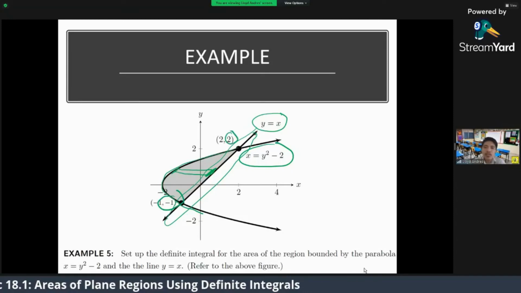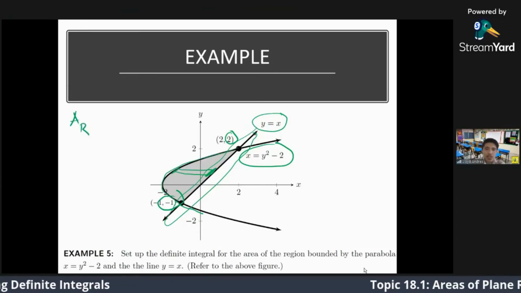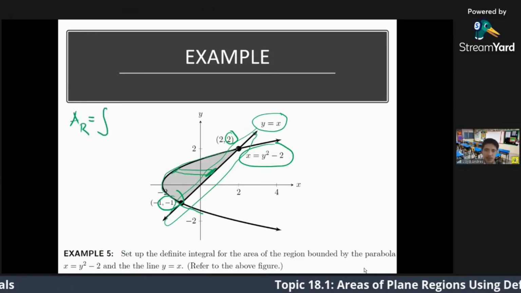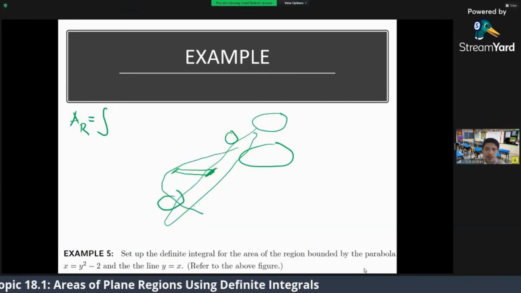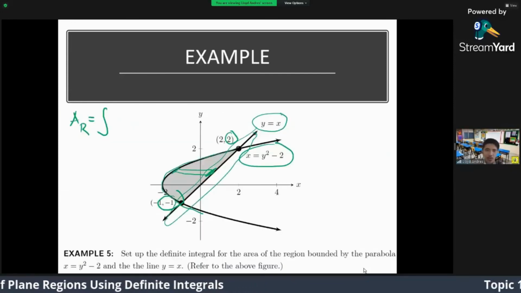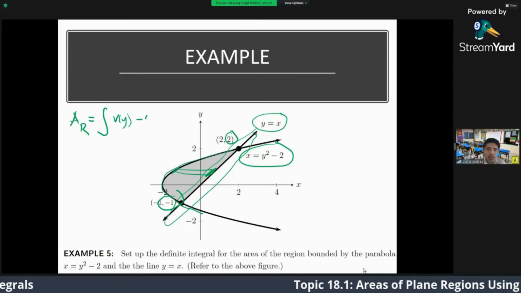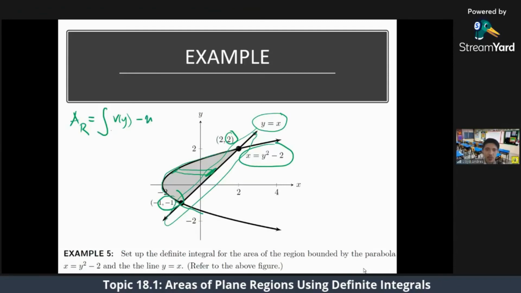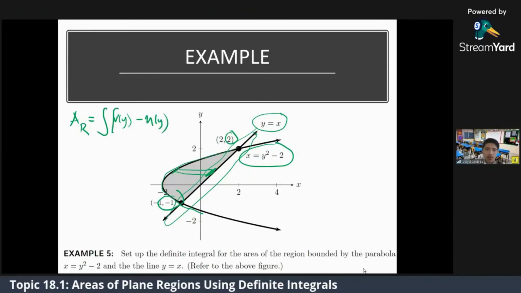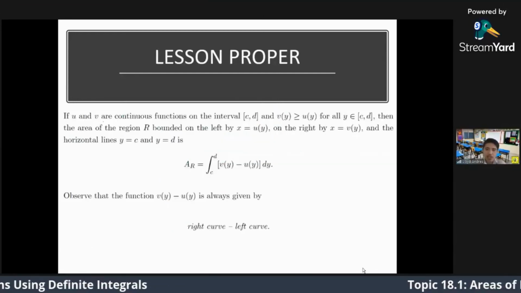So we can now set up an integral where the area of the shaded region is equivalent to the integral of v sub y minus u sub y dy, with limits from c to d.